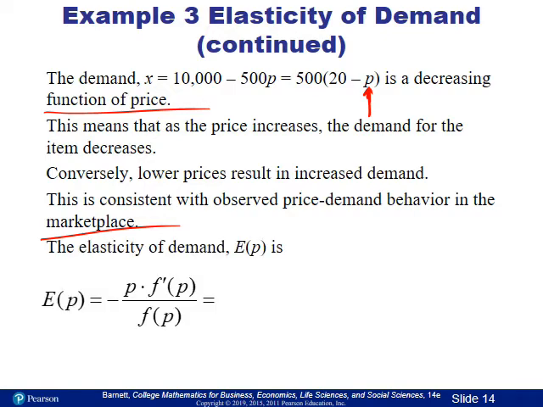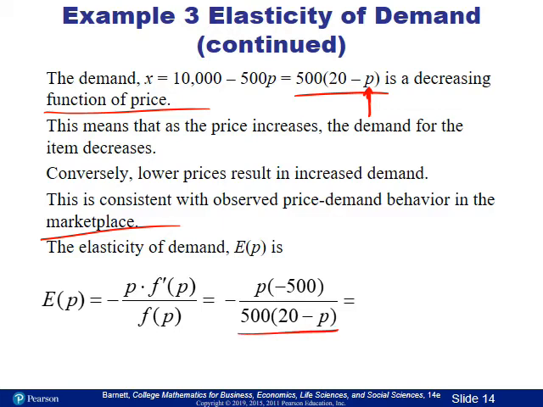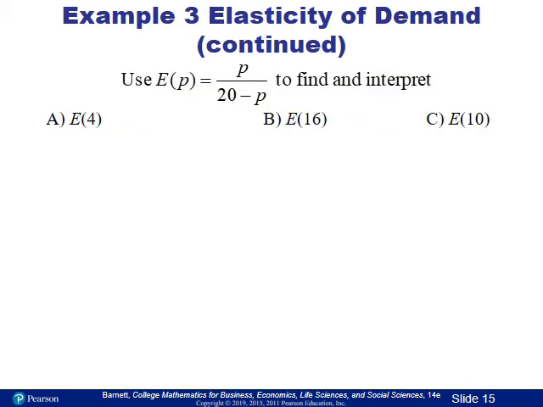Now this is the formula. You can simply substitute the results into this formula. As I said, f dash of p is minus 500 and f of p is this. Now if you solve this, it will be 500p over this thing, which is p over 20 minus p.